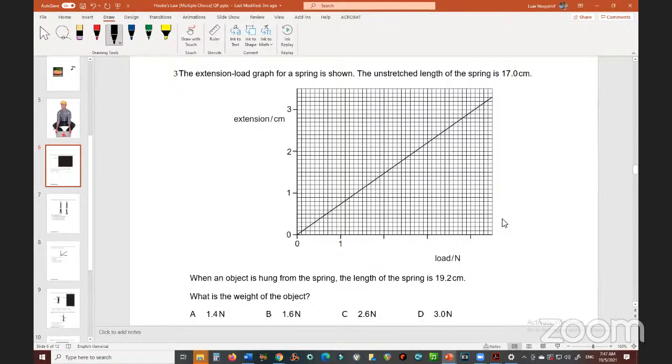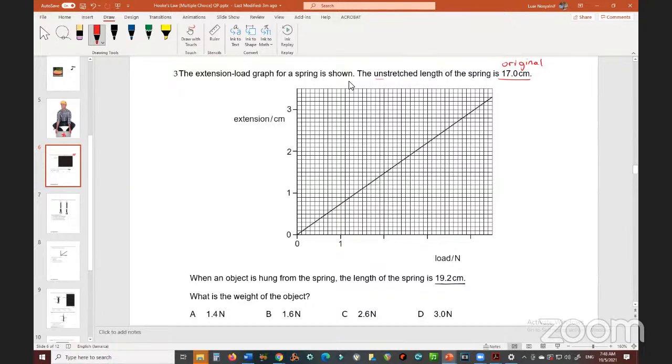They say when an object is hung from the spring, the length of the spring is 19.2. Again, they told you before that the unstretched length of the spring is 17, so this is the original length. Pay attention to that when we're talking about deformation, which is the temporary change in size of an object, or elasticity, another name for the behavior.